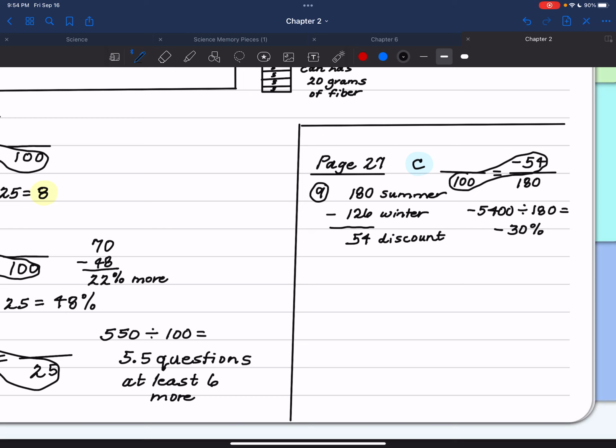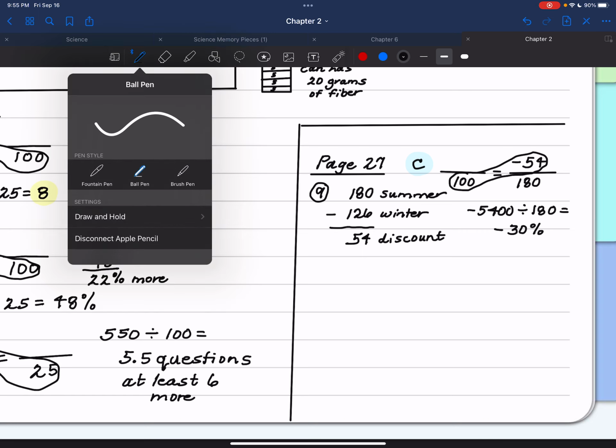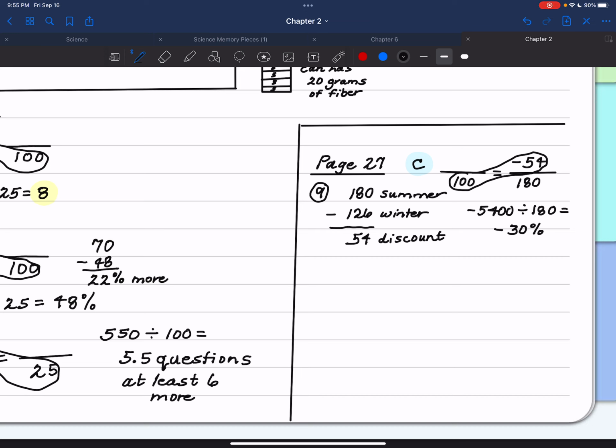But then I have E as well. So let me think just a minute. Let's look at the question. I think I've made a mistake here. What is the discount if a membership is purchased during the winter? So because that word discount is in there, I believe we don't need the negative sign. They have already dealt with the negative sign.